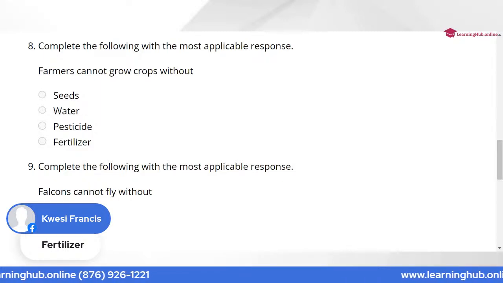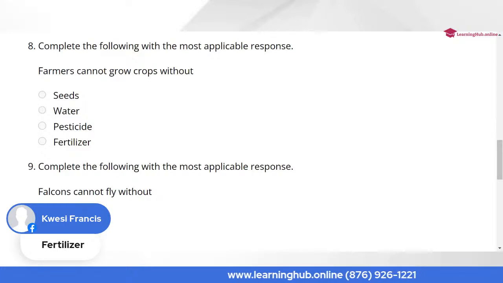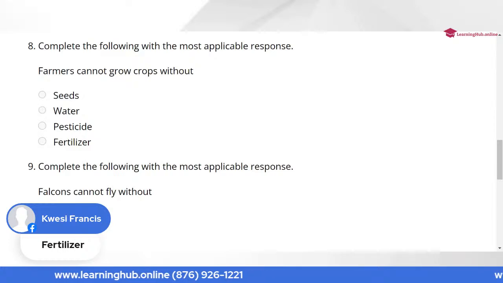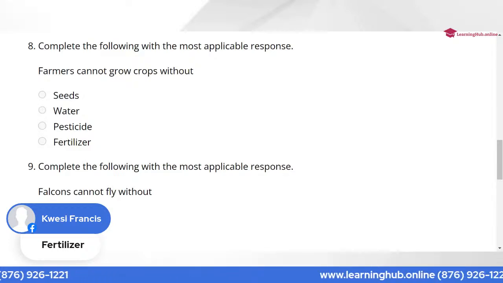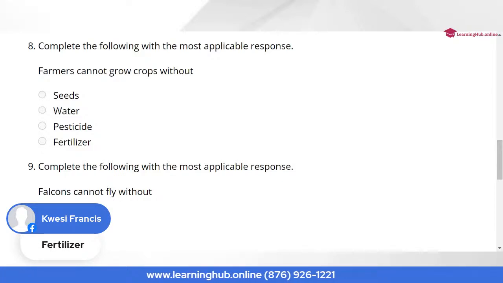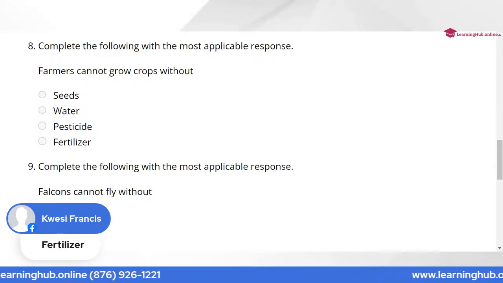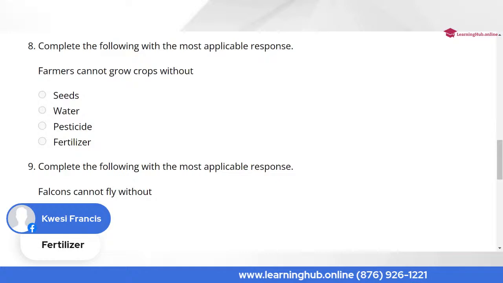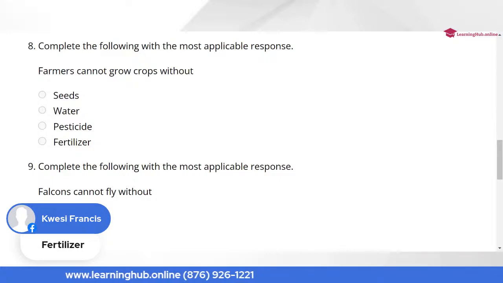So they might use some chicken manure or horse manure, and they may use just natural things to combat pests, like garlic. But you don't need pesticides, nor fertilizer, nor seeds, because there are some crops, like I stated before, that you don't require seeds.